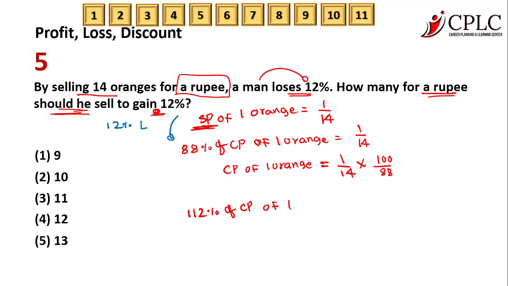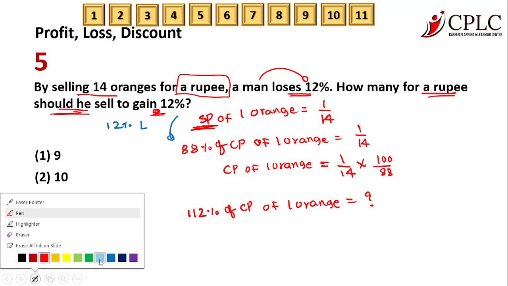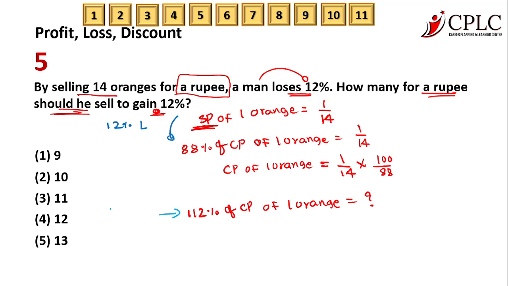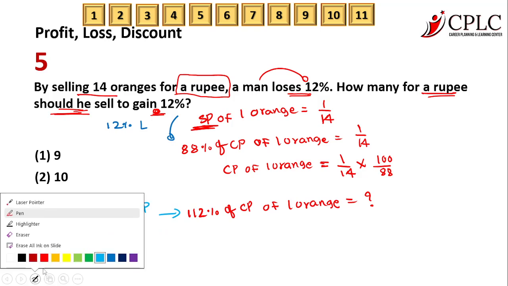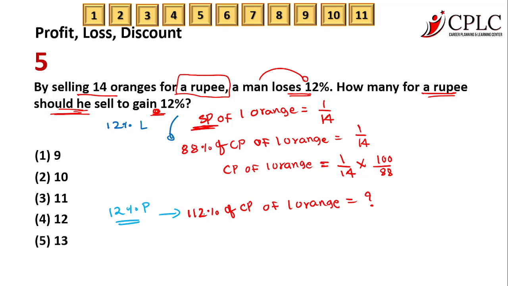And that is what we need to find out now. 12% profit, hence. So now let's do the calculation. 112% is 112 upon 100.